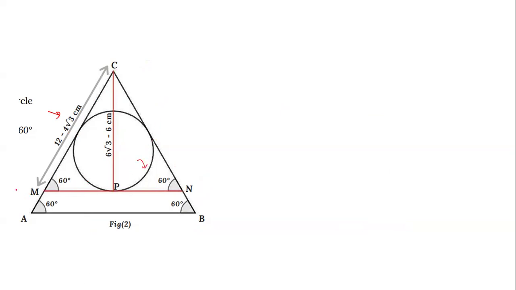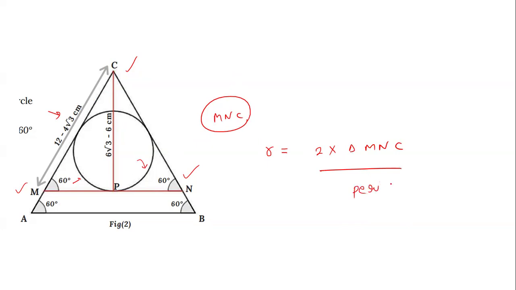You can see that the MNC triangle is an equilateral triangle, and this circle is the incircle of this triangle MNC. From the properties of triangles, the incircle radius is equal to 2 times the area of the triangle MNC divided by the perimeter of the MNC triangle. So this is the relation. So radius is 2 times the MNC triangle area, which is root 3 by 4 times side square, which is 12 minus 4 root 3 square.